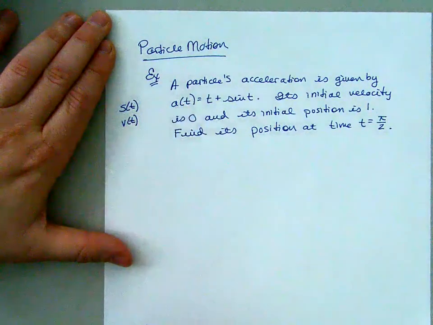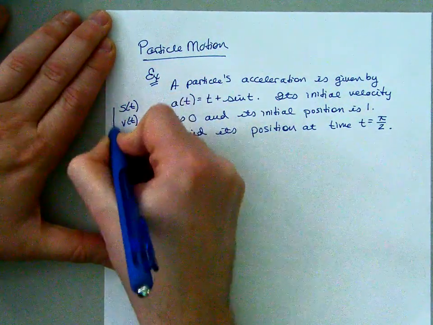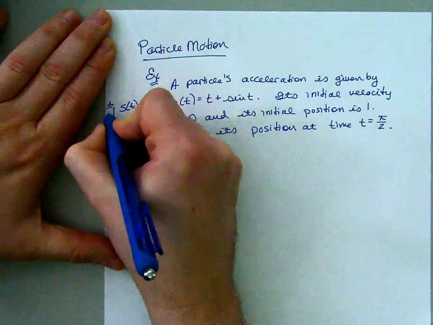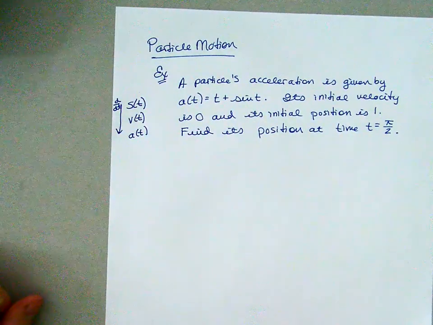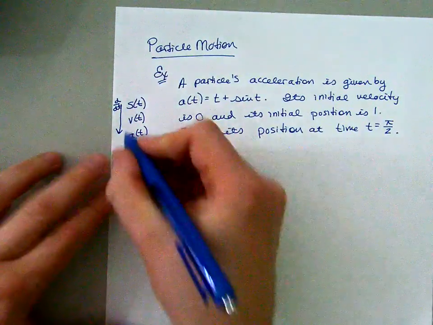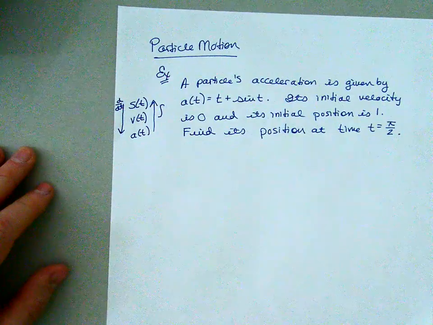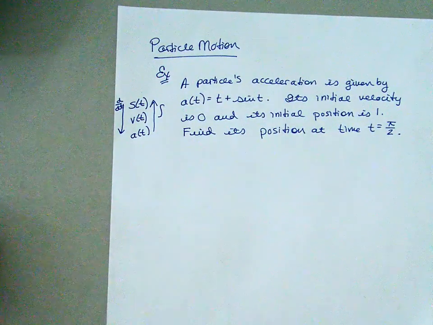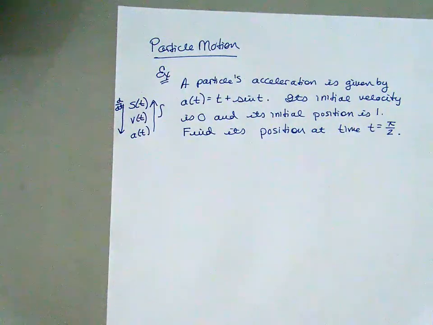What happened when you found the derivative of that? Acceleration. As we go down this list, we're finding derivatives. So how are we going to go up this list? Integrals. If you have acceleration, we can do an integral to get velocity. If you have velocity, you can do an integral to get position. Does that make some sense?